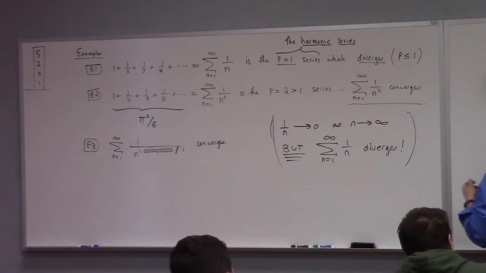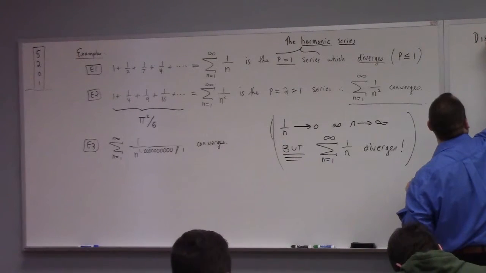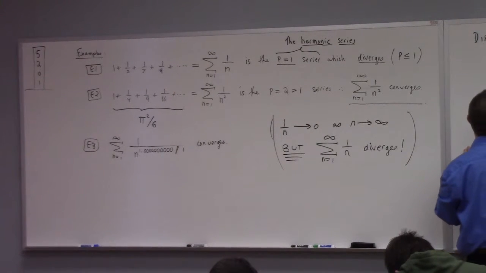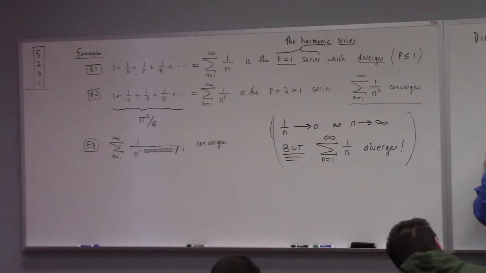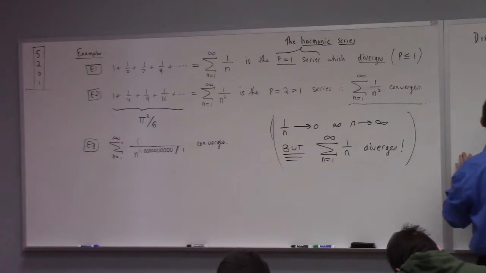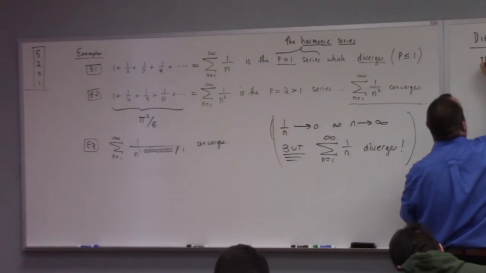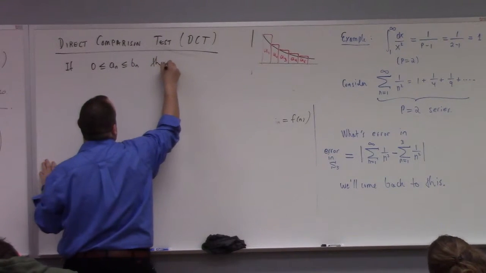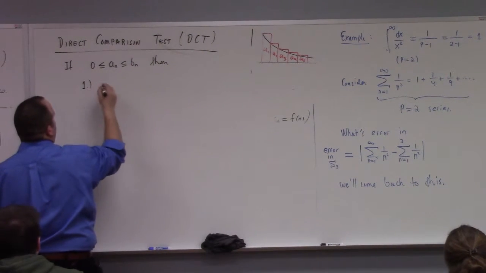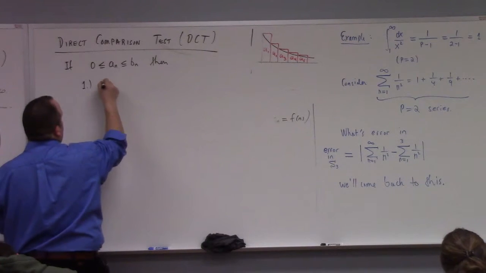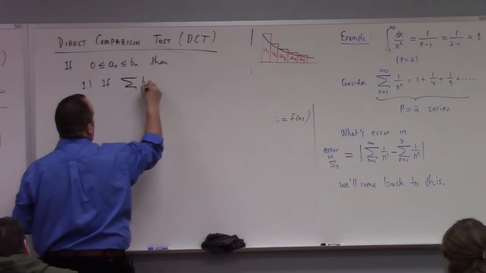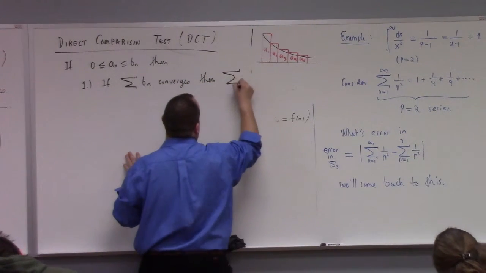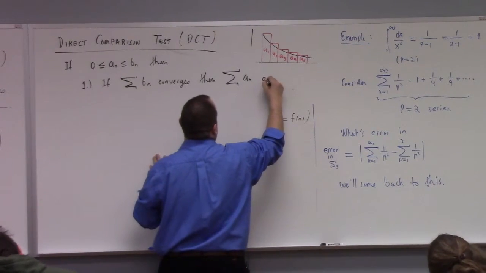The first comparison test, the so-called direct comparison test, which I will abbreviate sometimes as DCT, says if 0 is less than or equal to a sub n is less than or equal to b sub n, then numero uno, if the sum over b sub n converges, then the sum over a sub n converges.